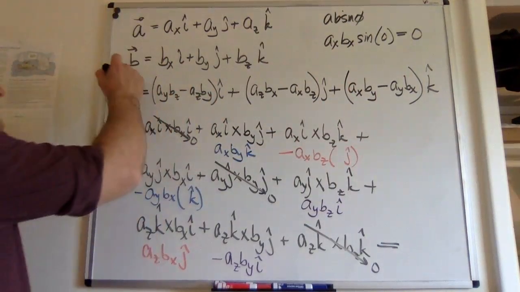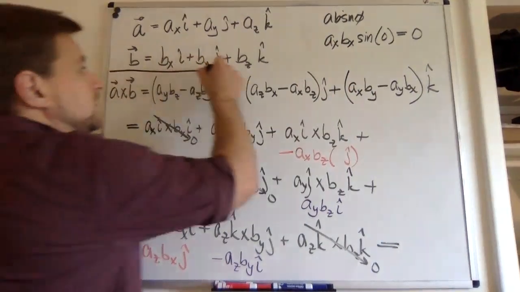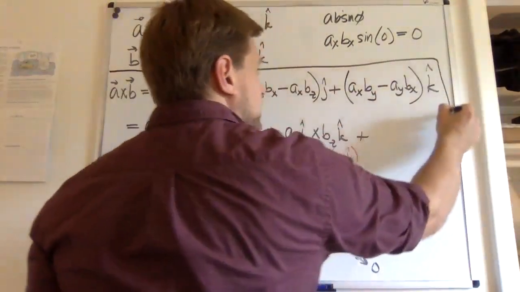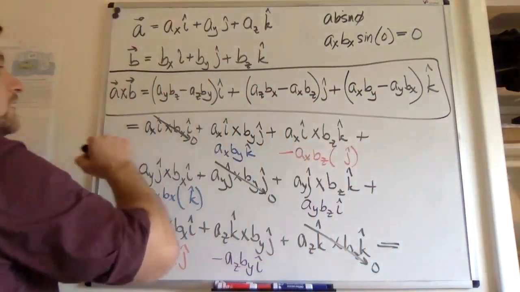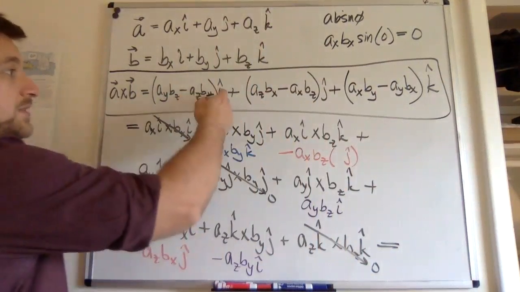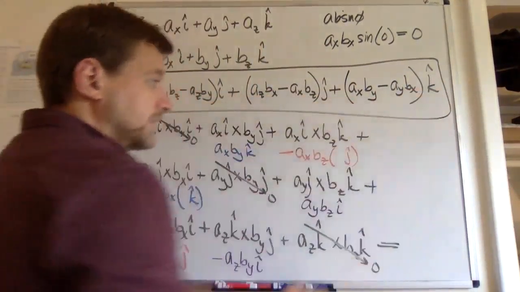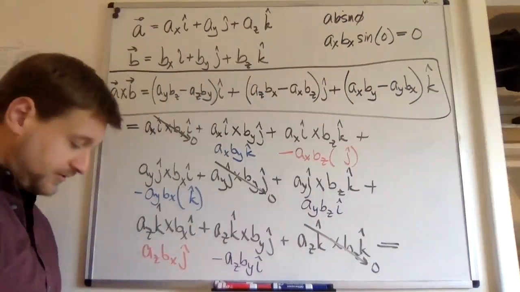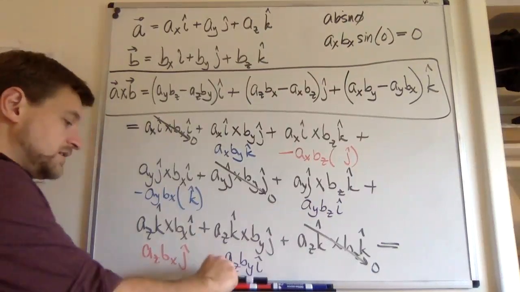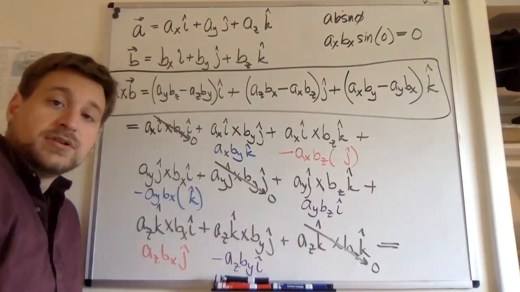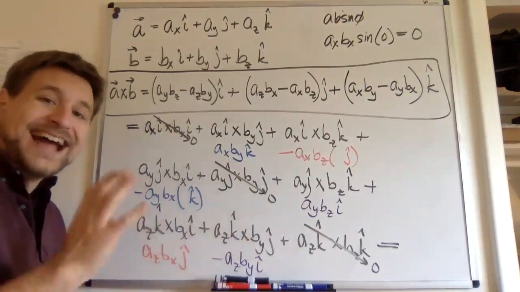So this is our kind of unwieldy formula for the component-wise vector product. We do end up with a vector. It explicitly has 3 components. This is not the same as the dot product, the scalar product. When we were done with that, we had no more hats.